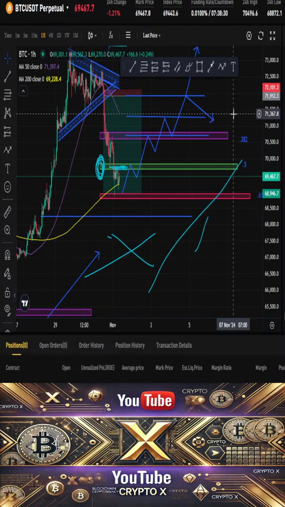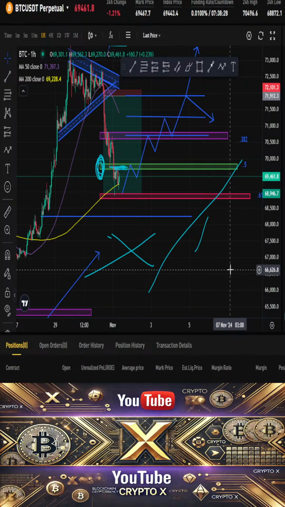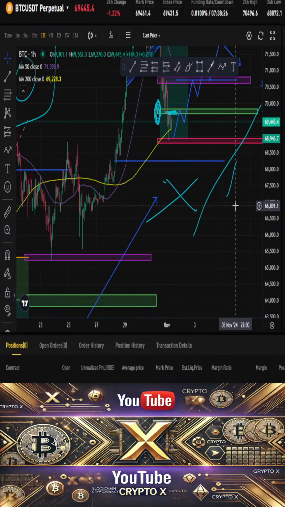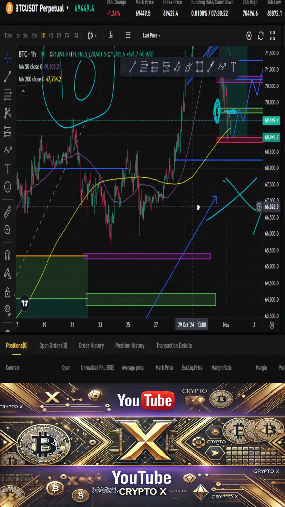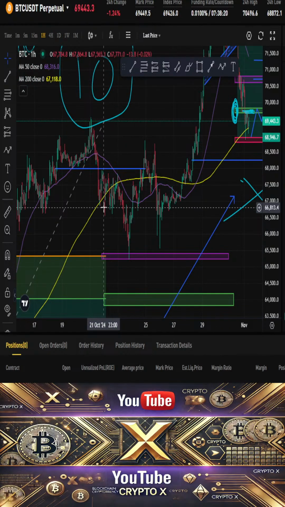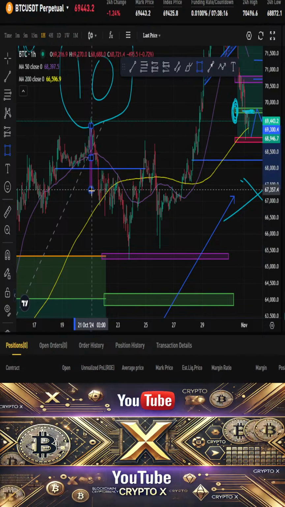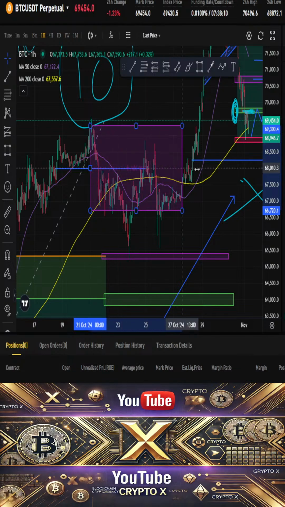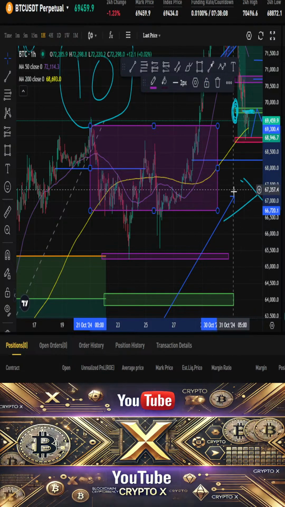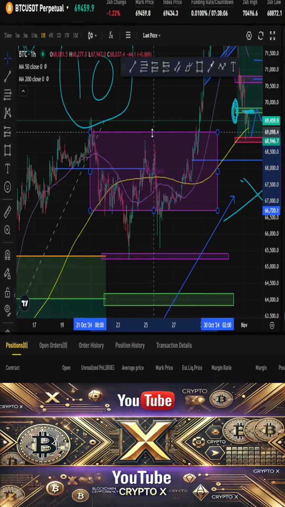And if it falls more, it's gonna come into this channel, right? This is the channel. So if it falls more, it's gonna come to this channel, right?